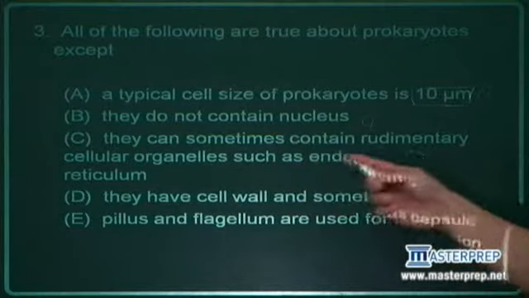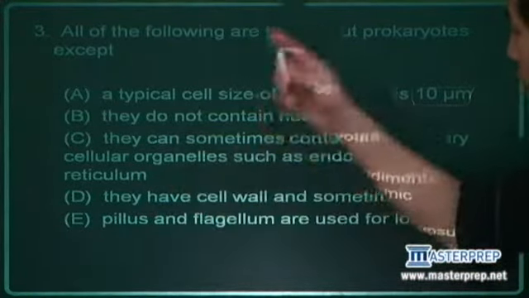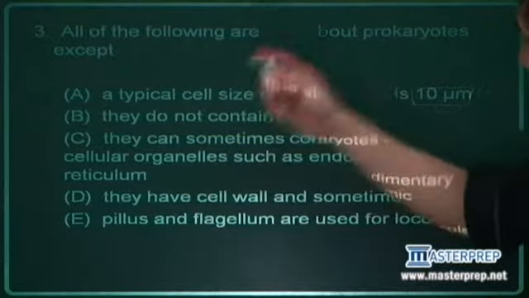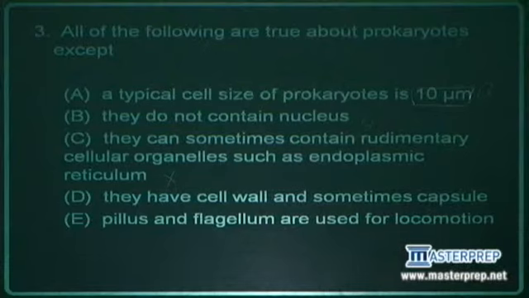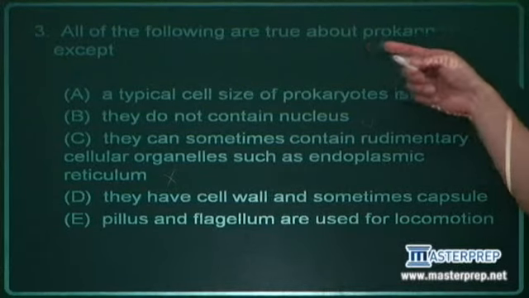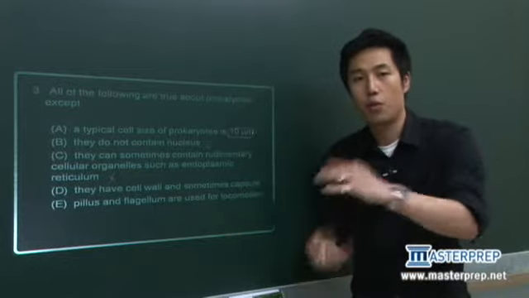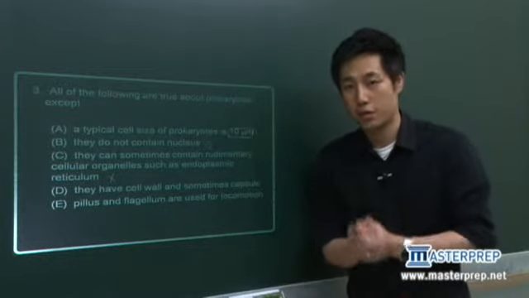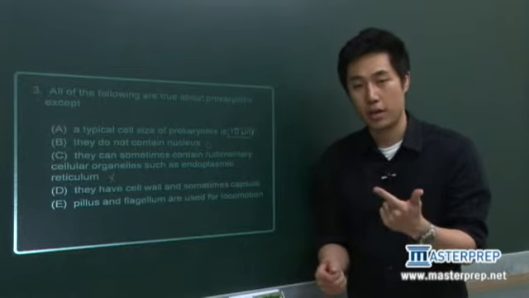They can sometimes contain rudimentary cellular organelles, such as the endoplasmic reticulum. Likewise, it sounds very plausible, but it's not true, right? Because the definition of the prokaryotes is that they neither have the nucleus nor the rest of the other membrane-bound structures, such as the endoplasmic reticulum or Golgi body, right?